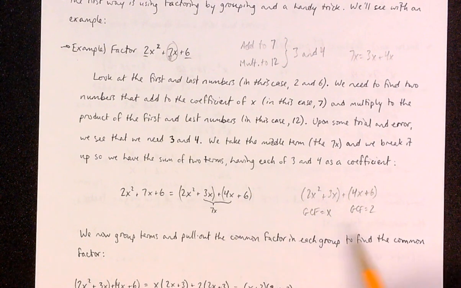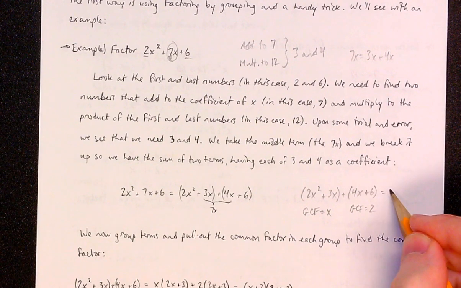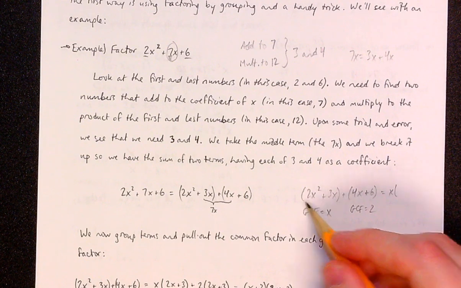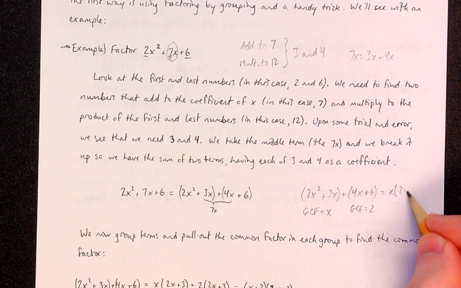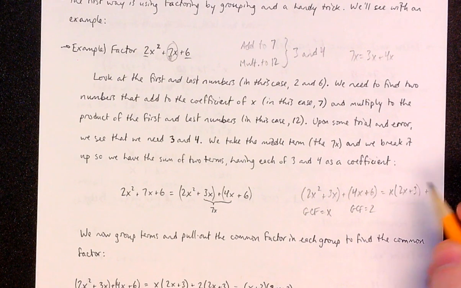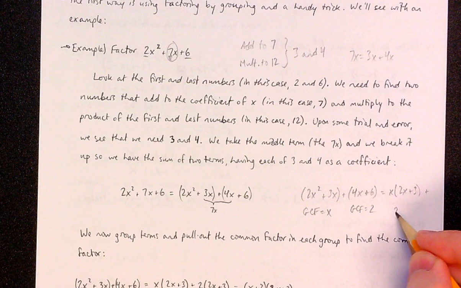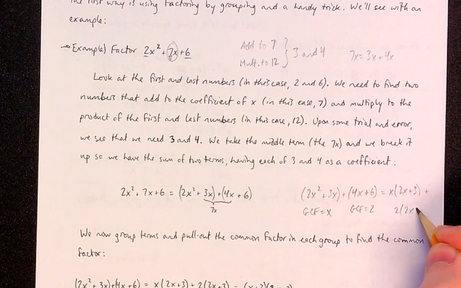So we rewrite this as x times, when you divide out the GCF, you get 2x plus 3, plus, when you divide the GCF of 2 out of here, you get 2 times 2x plus 3.